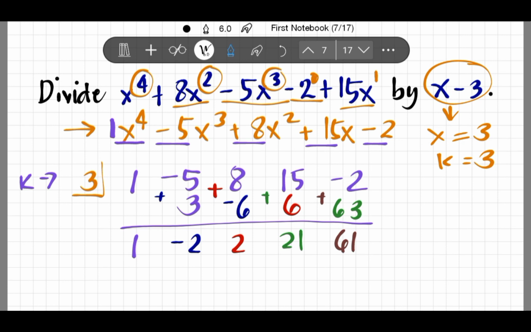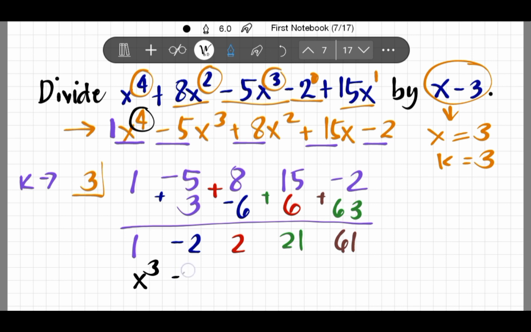And let's write the quotient. So, since the given dividend starts with a power of 4, the quotient will start with a power of 3. So, it will be x cubed. No need to write the 1 here. It is understood that there is 1 beside x cubed. So, let's remove 1.